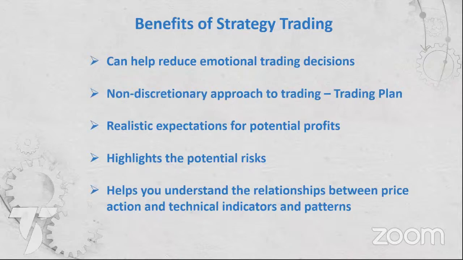So the reason that traders look at their trading ideas like this, the reason they build rules around their ideas, is so that it becomes a less discretionary way to trade. It becomes like following a trading plan, right? We're actually following our rules.